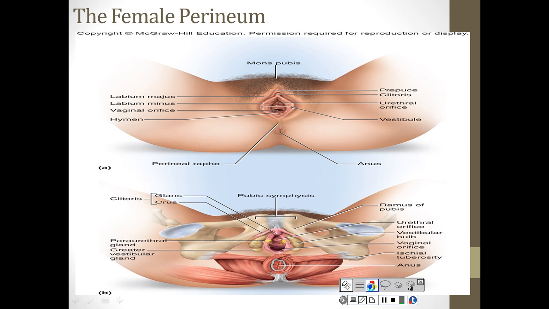I'm just going to spell it out for you guys quickly. Pudendal cleft, and that's that slit between them.